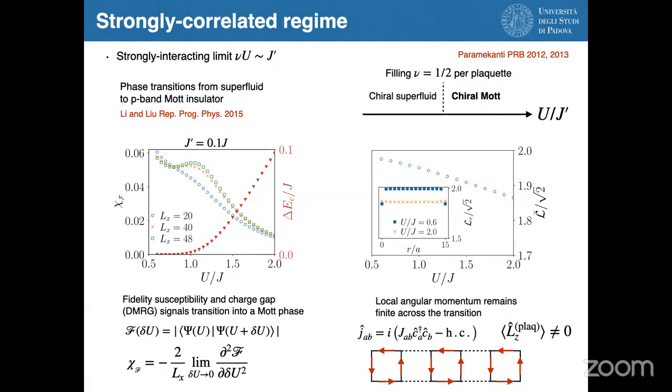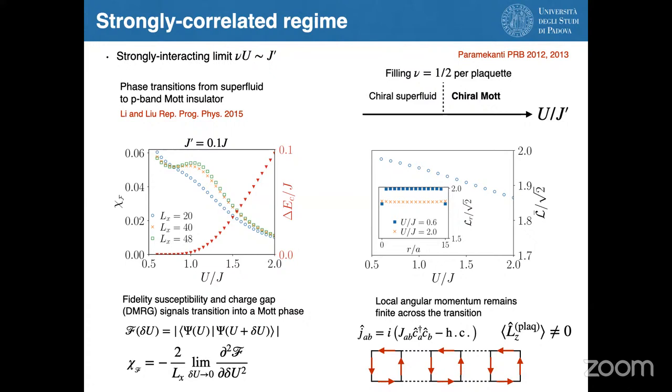So for that, we studied the loop current, which means we take the current operator between two sides, and then we sum up, clockwise or counterclockwise, all the current contributions around the plaquette. We show in the paper that this loop current is equivalent to the angular momentum operator, one-to-one, at least to a certain degree.